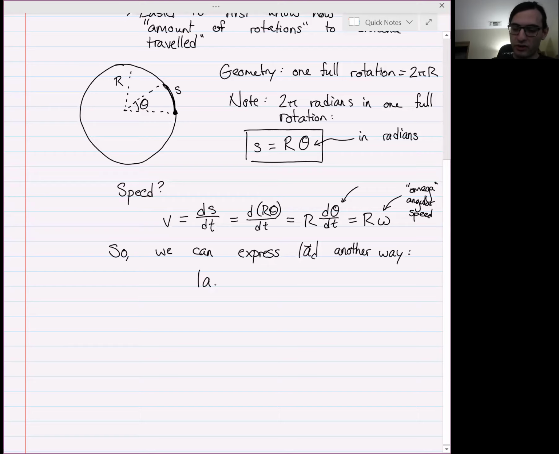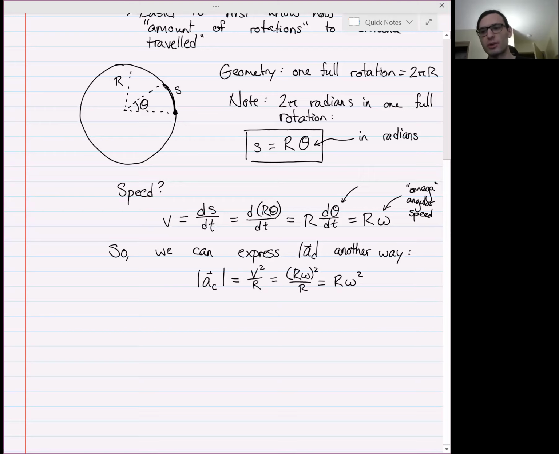The magnitude of the centripetal acceleration is, and I'm going to use capital R for the radius now just so we can keep everything straight, v squared over R. But we know that v for circular motion is just R omega. So then it would be R omega squared divided by R, so this is just R times omega squared. So this is just another formula for centripetal acceleration.